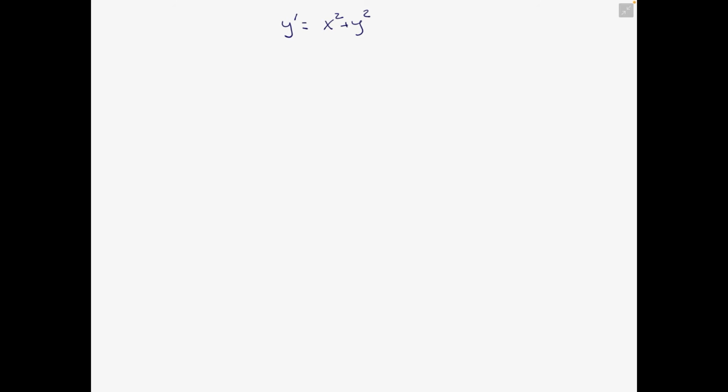But that directional field technique helps us understand what characteristics exist within the function.